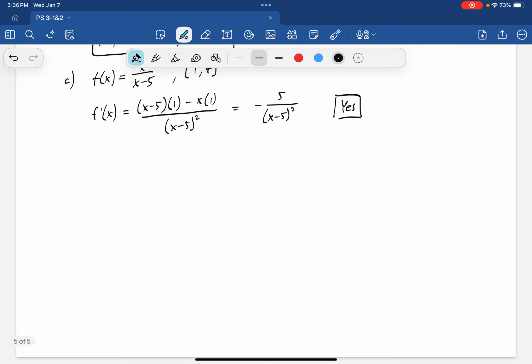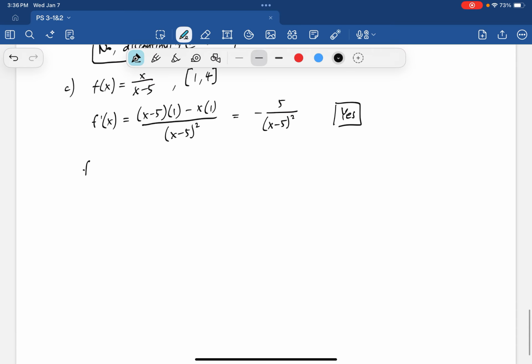And then we're going to try to find f of b minus f of a over b minus a, which is equal to, let's see, b is equal to 4, right? So that's 4 over 4 minus 5, minus a is 1, so that's 1 over 1 minus 5, over b minus a, which is 3, 4 minus 1.